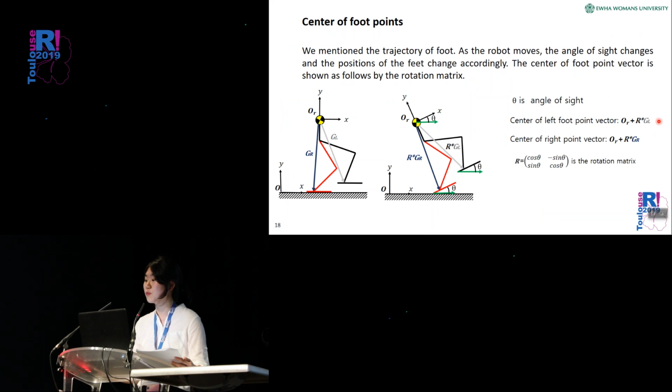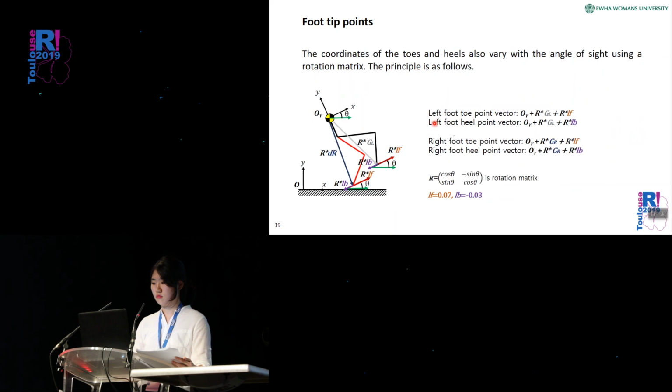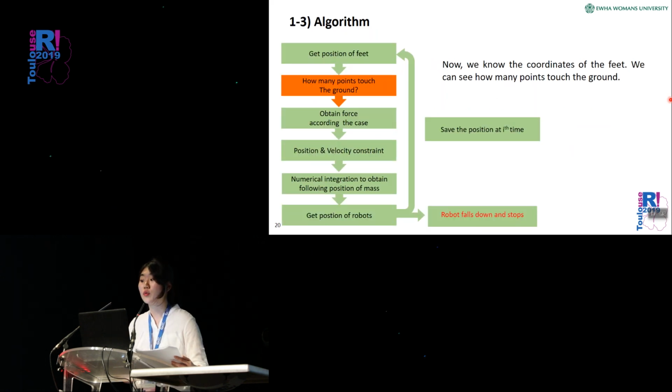This is center of foot point vector, and this is rotation matrix, and this zeta is angle of sight. It is toes and heel point vector. It also used rotation matrix. Now we know the coordinate of feet.